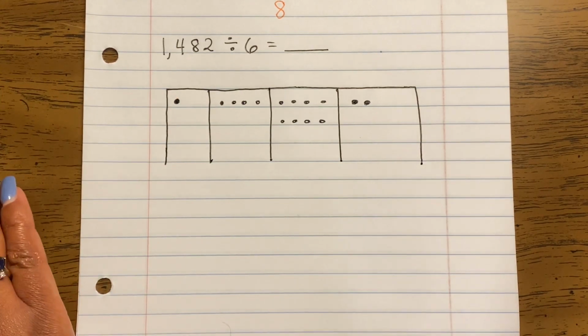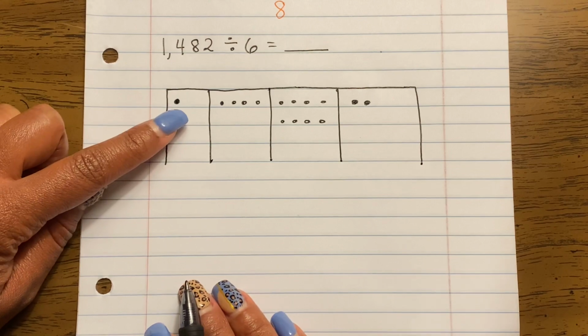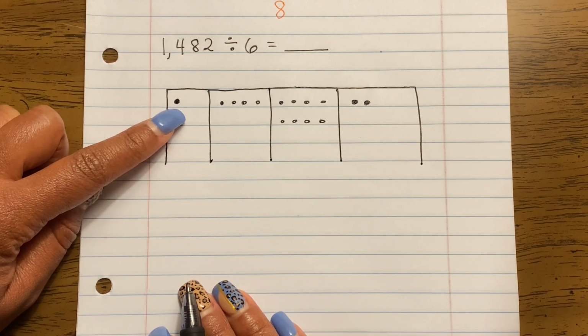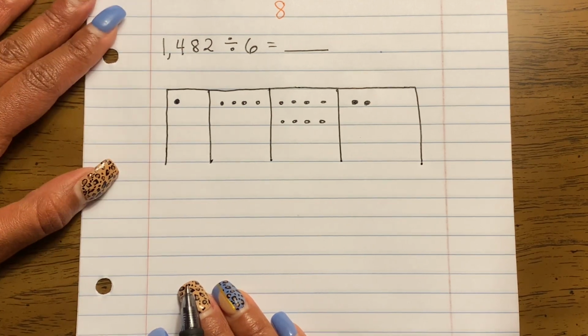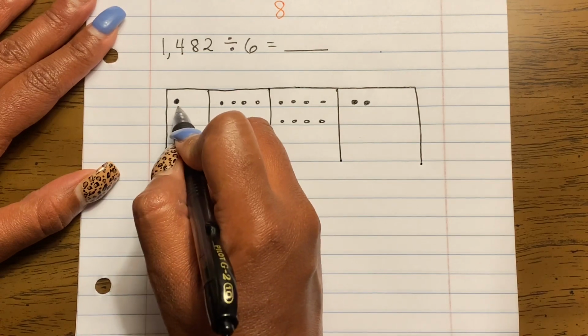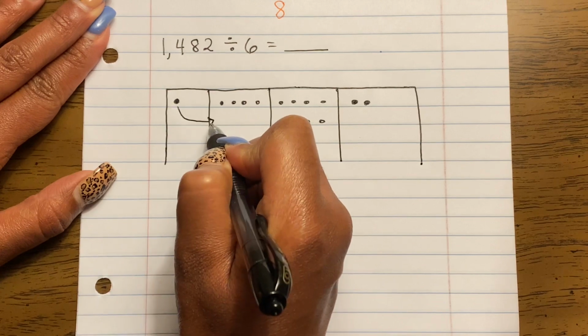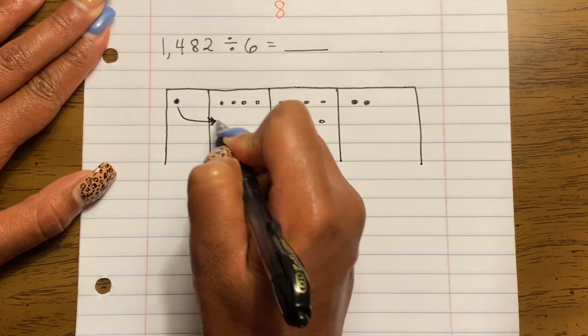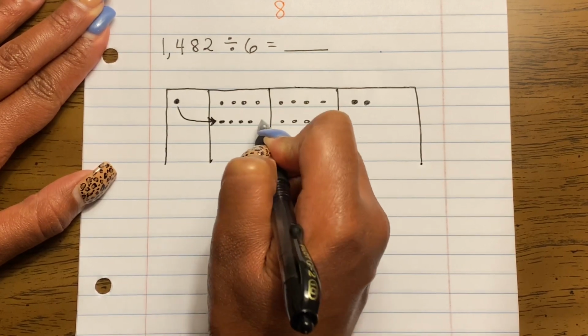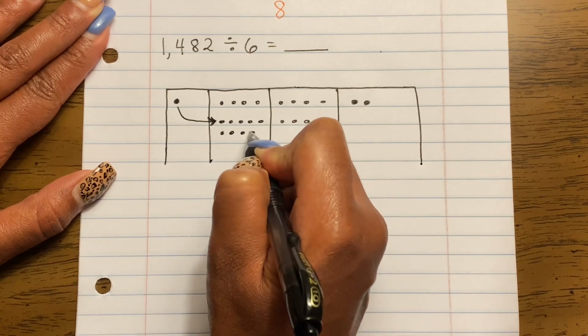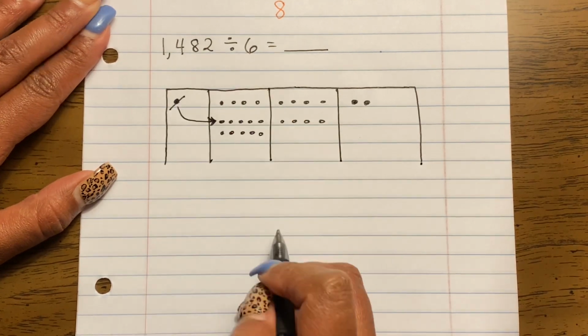So, I look here. I see that I only have 1,000. I can't make that a group of 6. So, I need to go ahead and break this into hundreds and move it over here to the hundreds place. It's no longer there.